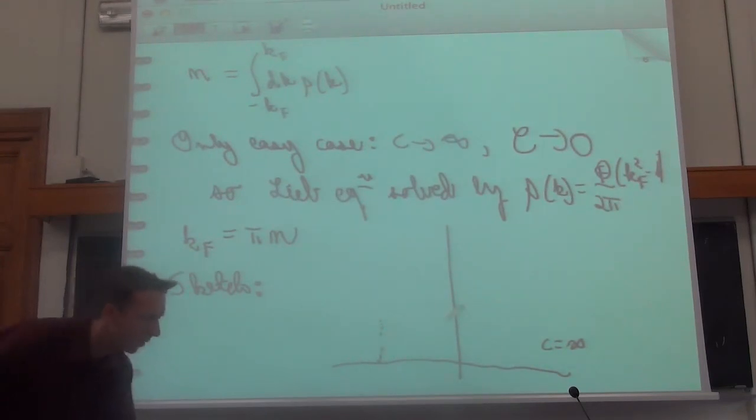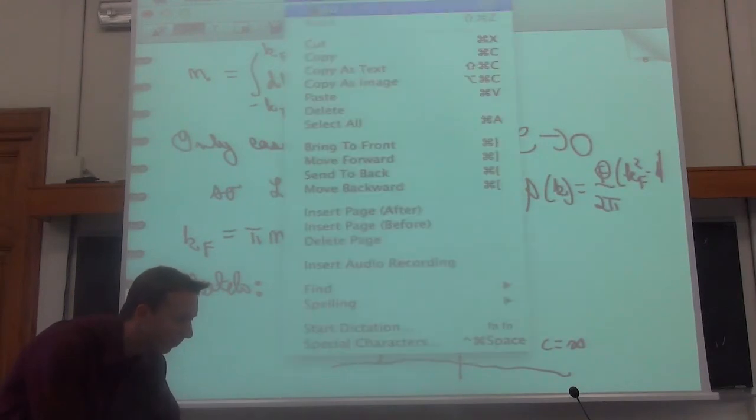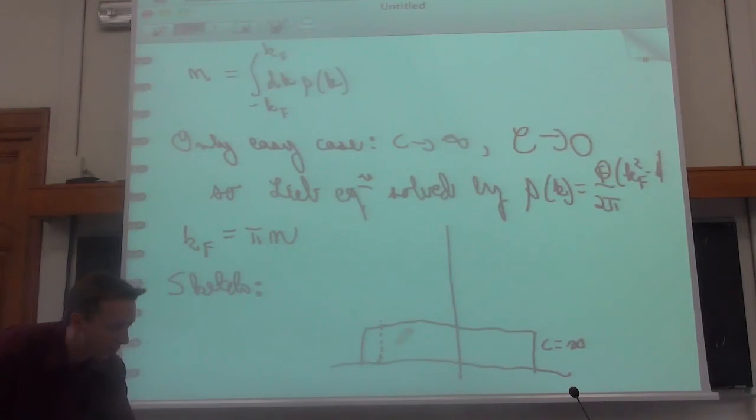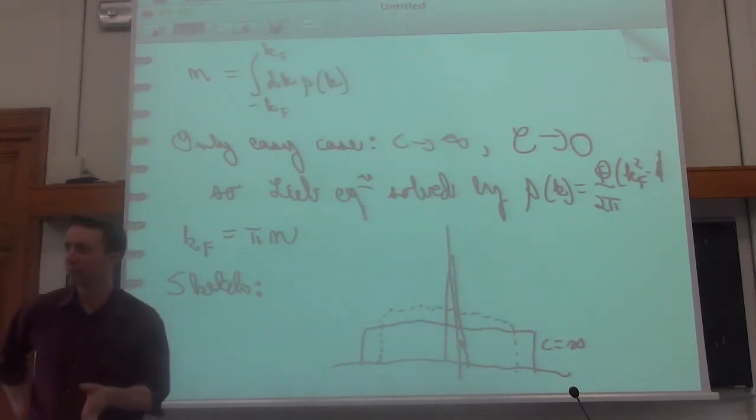In the lower C case, it becomes just a little bit more rounded off like this. And then when you get to the very low C limit, it becomes essentially a semicircle centered around 0. So the KF, the Fermi boundaries, collapse to 0, right?